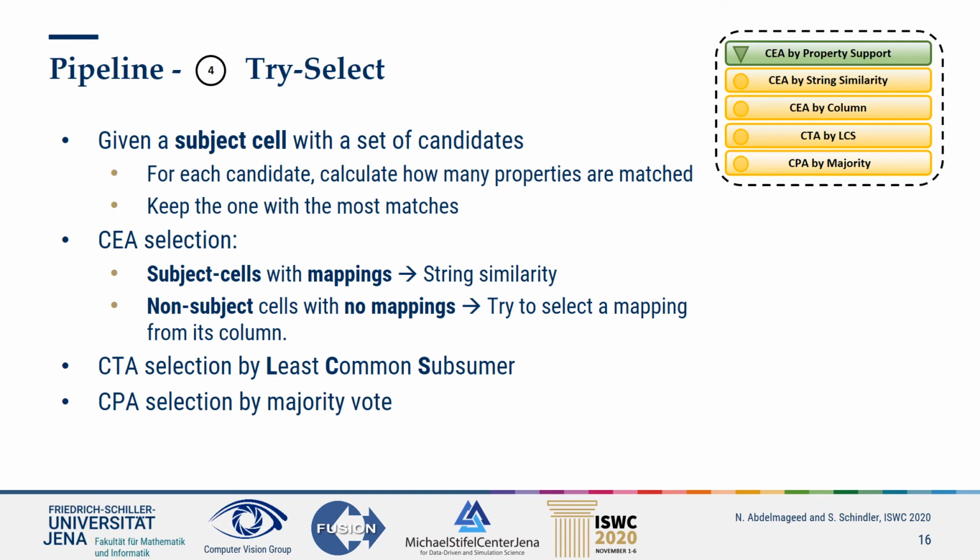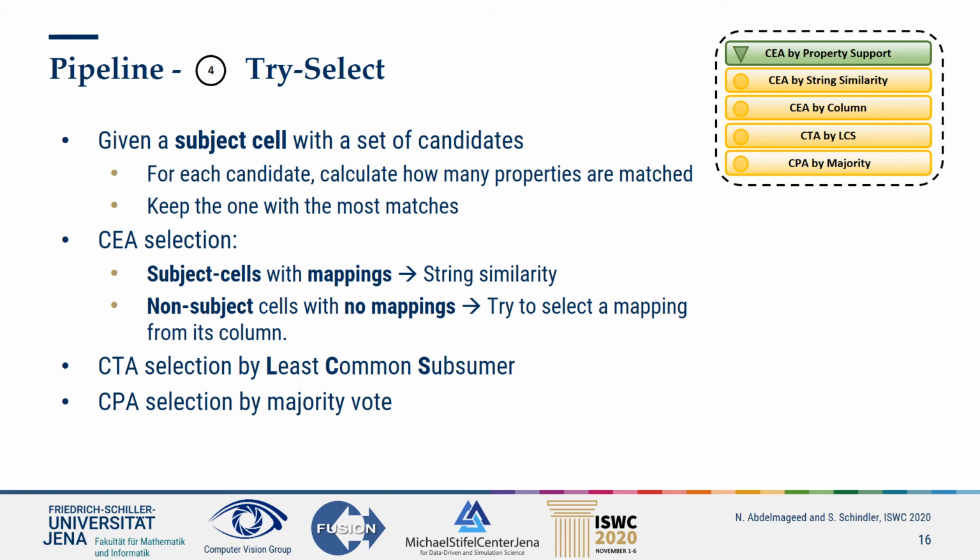Before the first trial of candidate selection, we apply a more sophisticated filter function which keeps CA candidates with the most property matches in their row and removes the others. After that, among the candidate set for a given subject cell, we select the candidate with the nearest label using Levenshtein distance as a string similarity.